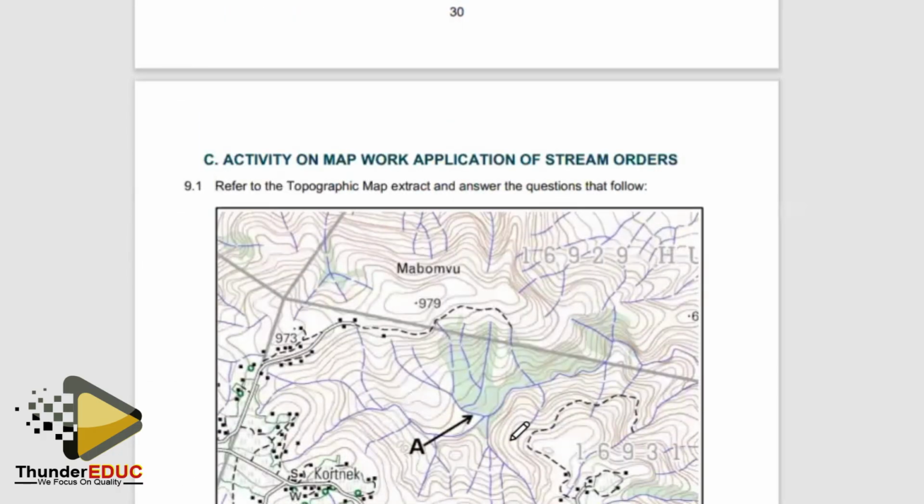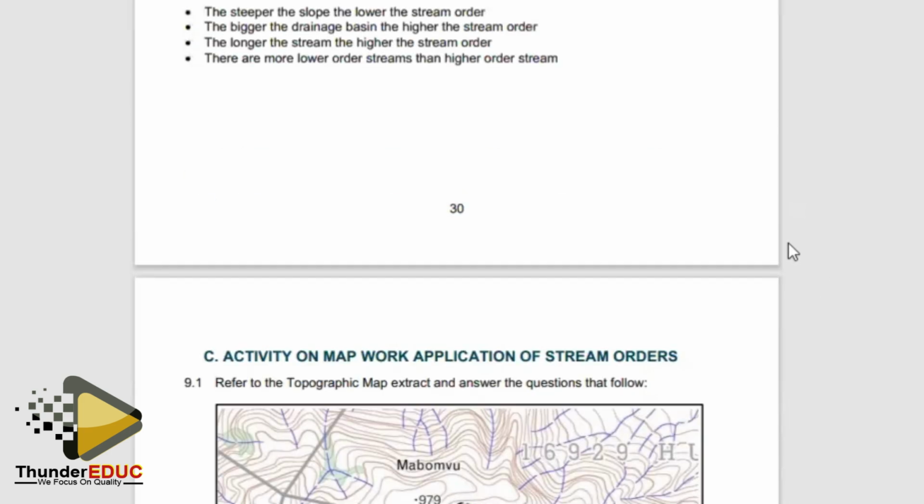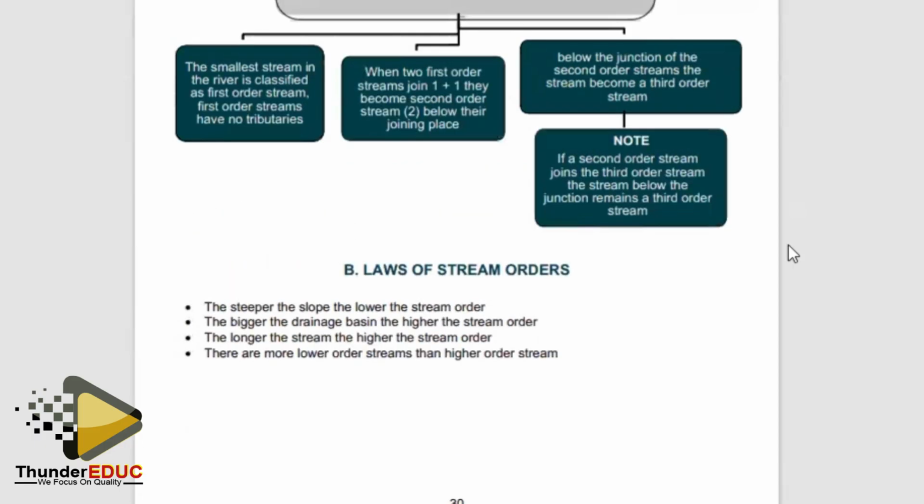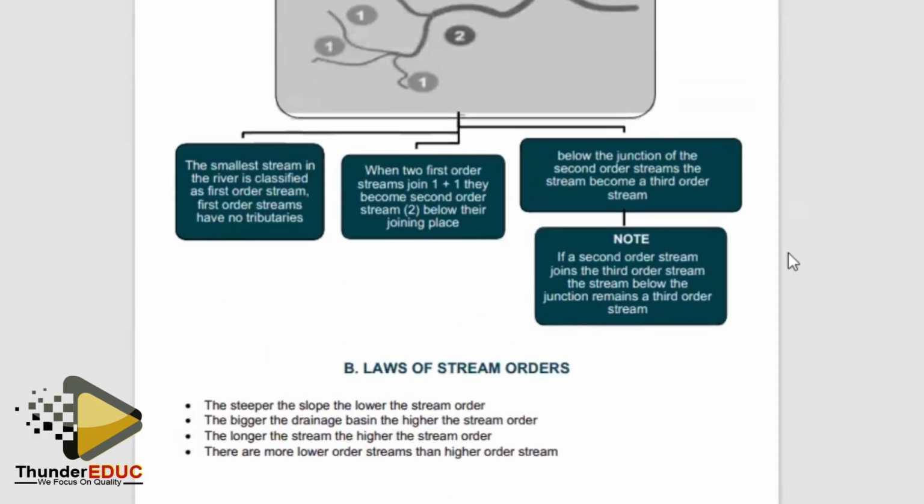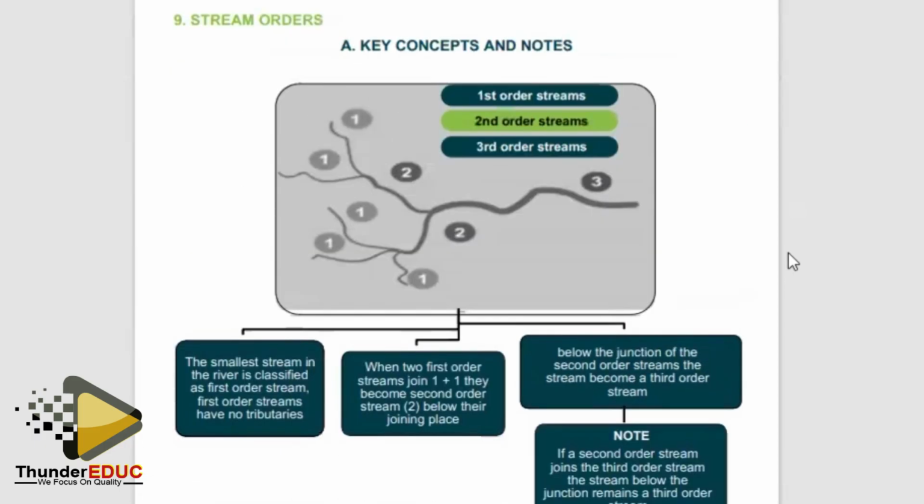I'll quickly do the ordering so that maybe you can understand it. What we call stream ordering means streams are ranked in the drainage basin according to their orders. We have first order, second order, third order, going like that. The higher the drainage density, the higher the order of the streams in the drainage basin.